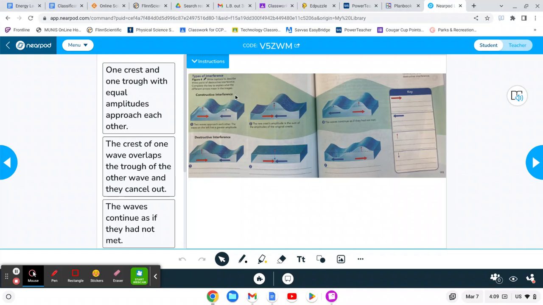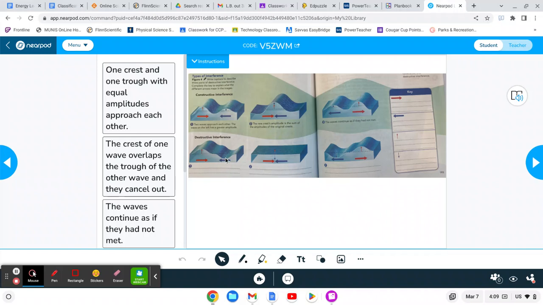So that's constructive interference. Now with destructive interference, what you're seeing in this first picture is that one crest and one trough with equal amplitudes are starting to approach each other. As tall as the crest is, that's how low the trough is.